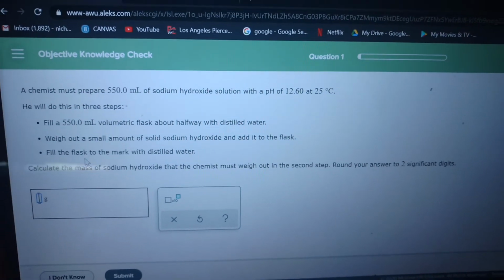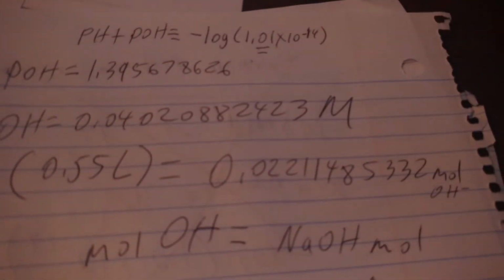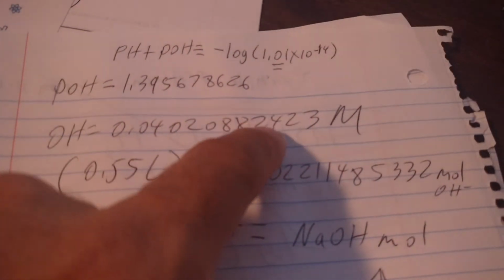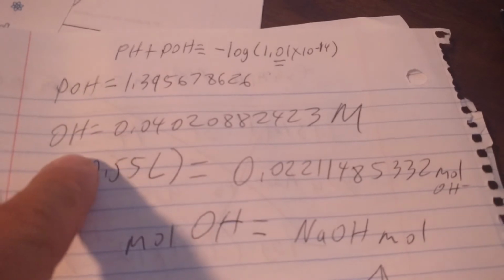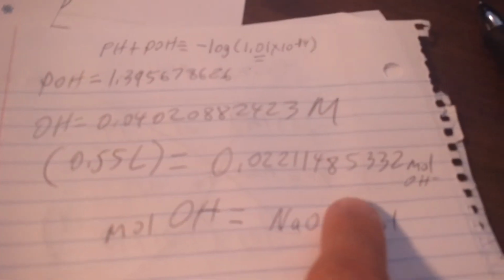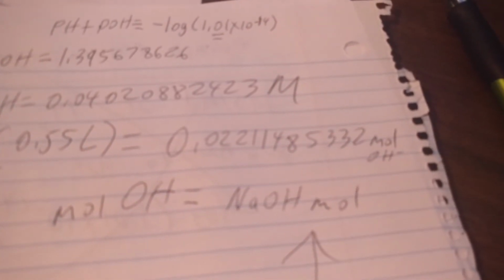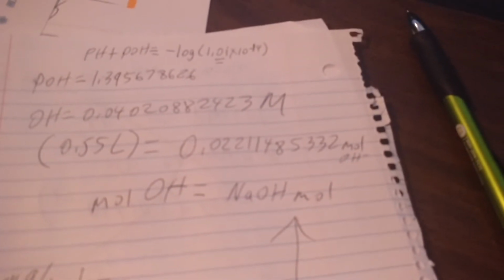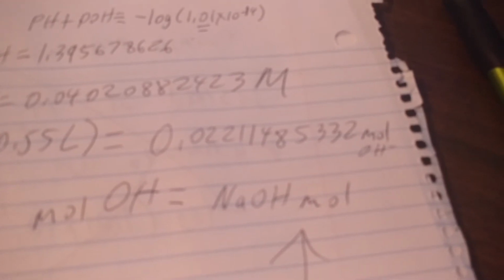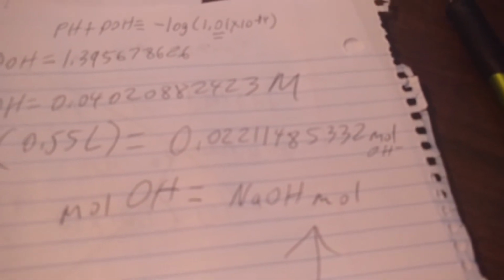That's going to be 0.55 liters. So when I multiply the molarity you see here by 0.55 liters, I get the number of moles of OH, which is 0.02211 and so on. So check that in your calculator, make sure you're getting the same thing.